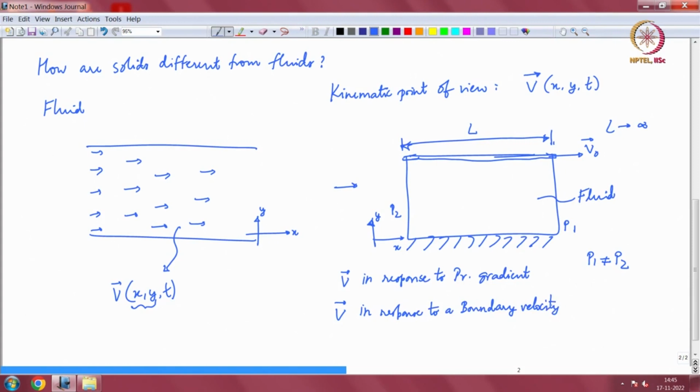Okay. And this boundary velocity is applied in the form of a shear. So, you are shearing the fluid. So, you are applying a shear stress on the top wall. So, I will call this tau, in this case it is in the xy direction, that is the only shear component for a 2D system, and so you apply a shear stress and the fluid will flow, okay.